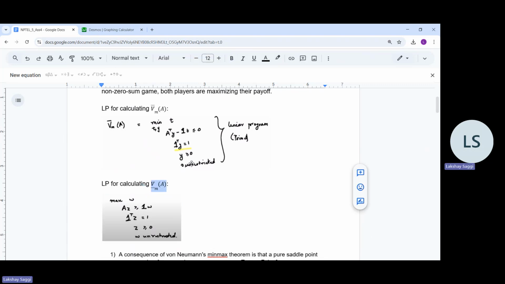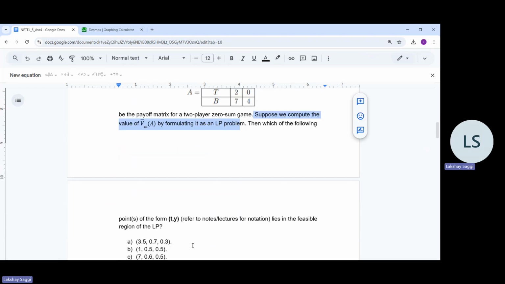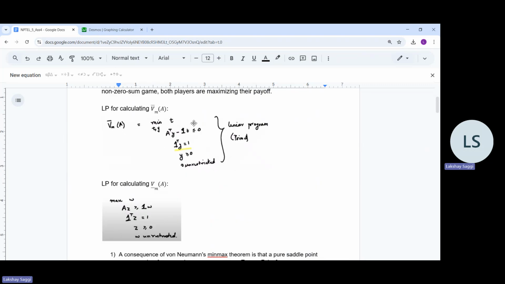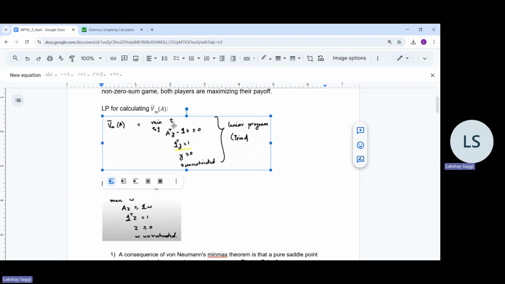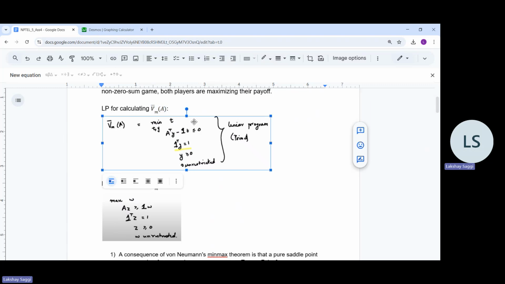But right now the question asks us about this. Suppose we compute the value of V bar M of A by formulating it as an LP problem, then which of the following points of the form T comma Y lie in the feasible region? So this is the LP which we'll use to calculate this value.